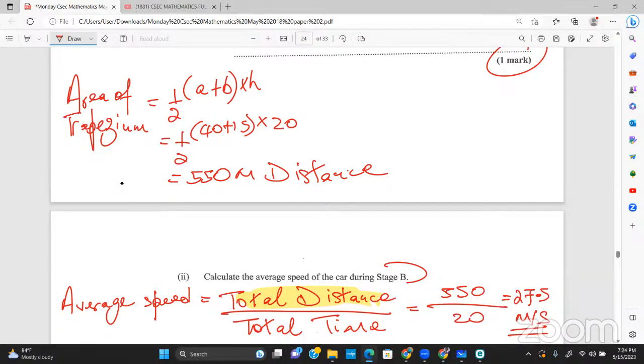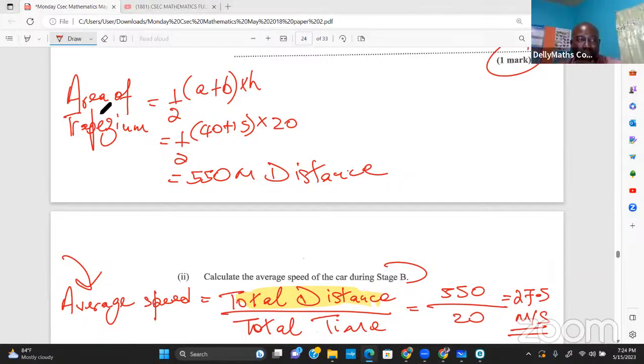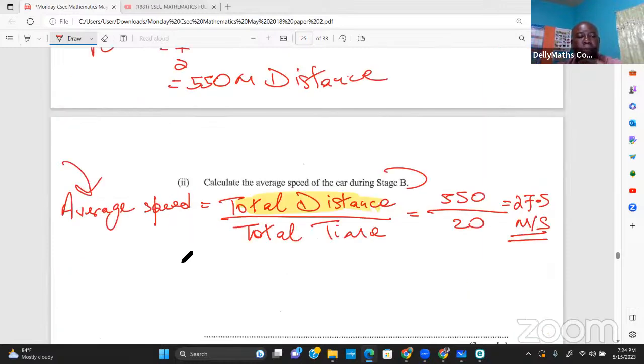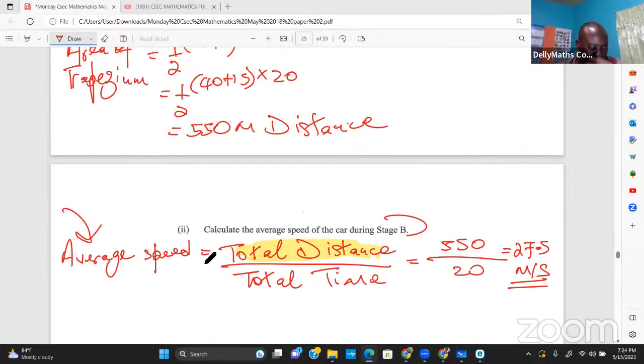Remember this idea though: a lot of times when they do it, you have to be careful, right? Look at what you have. The concept is average speed, total distance over total time. The time is always on the axis, but you may not always find the total distance. You may not always get it, so you're going to have to make sure you put things together so that you can properly deal with it.